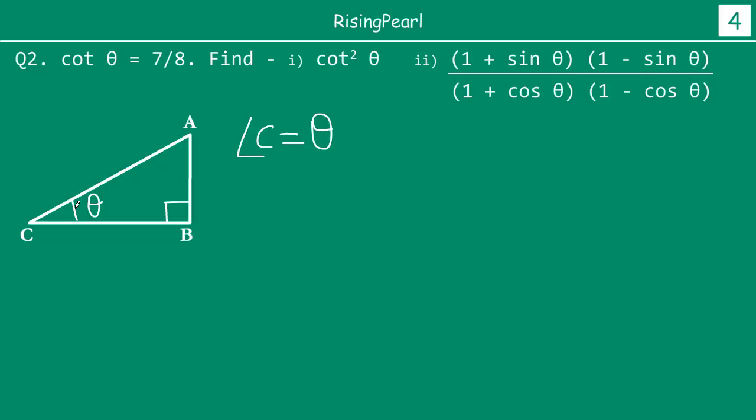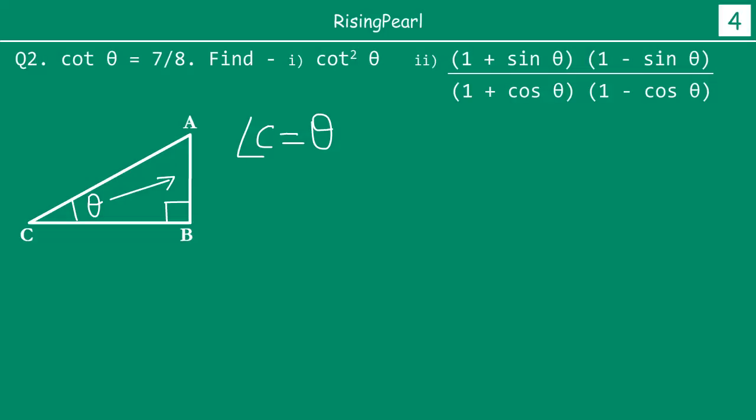It doesn't really matter if I take this as theta or this as theta, but it is just easier this way because we can really visualize what side is opposite. It will help us write the ratios a little more easily than if we were to assume this angle is theta. That's all there is to it.